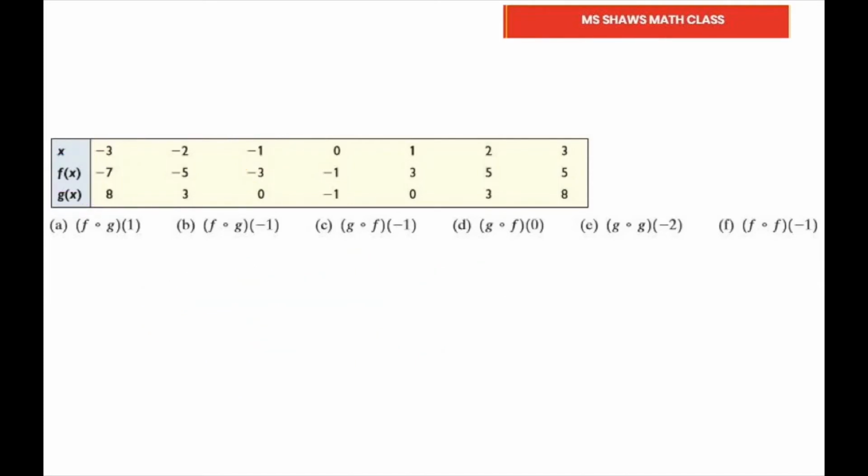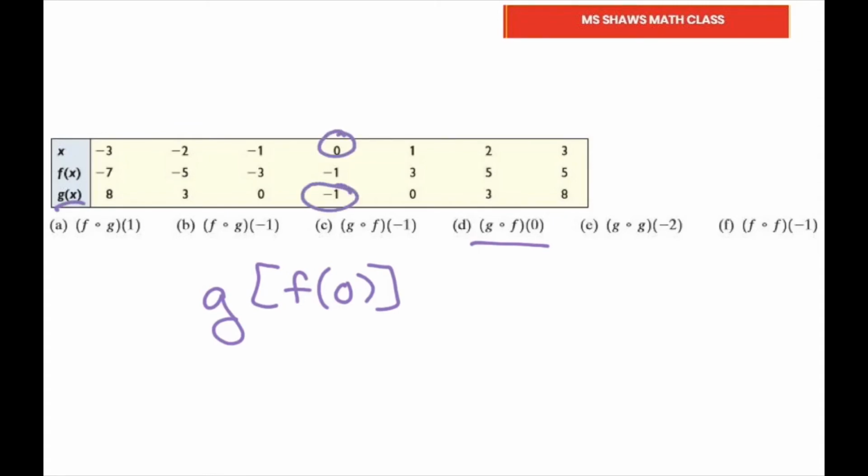Now, the next one we're doing, which one? This one. So we're first going to write it as g f of 0. So go to 0 and then go to f. So this part right here equals negative 1. Now you're going to do g of negative 1.